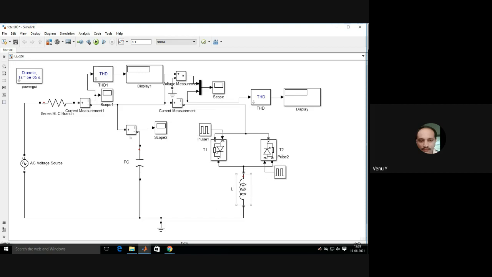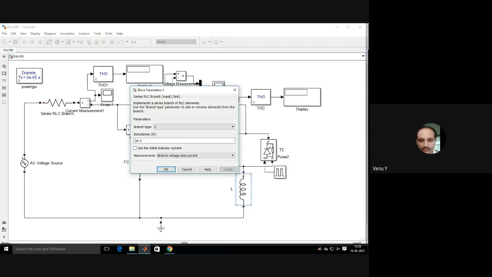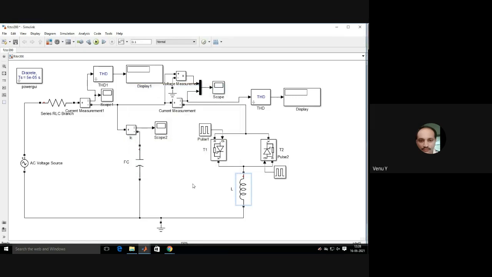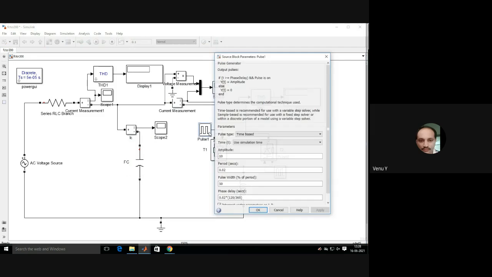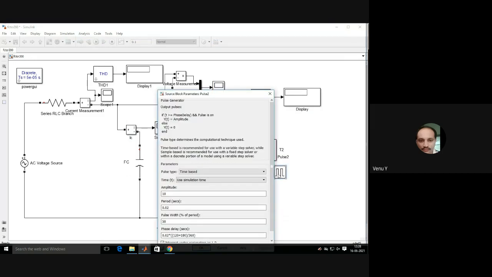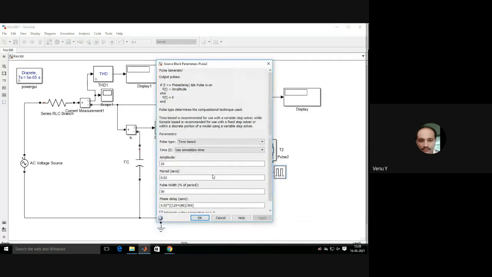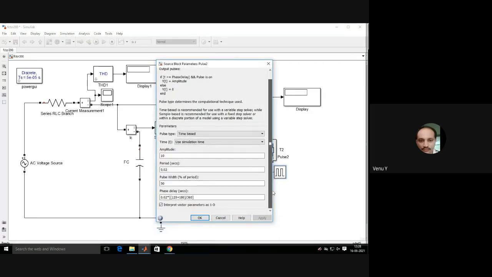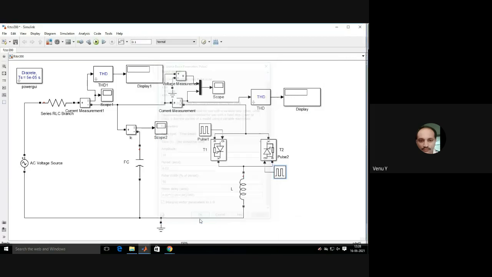This combination is connected in series with the inductance of 3 millihenries. For the firing, the amplitude is 10, time period 1 by 50, 0.02, pulse width 50, delay angle 120. For thyristor 2, the firing angle is 120 plus 180.